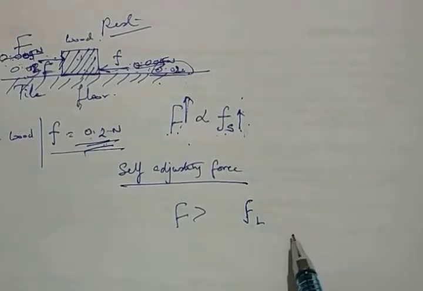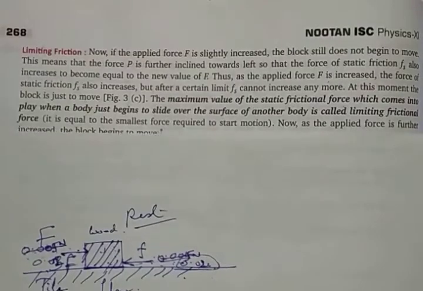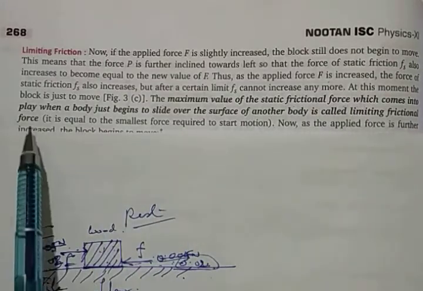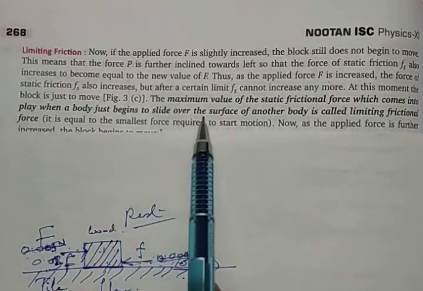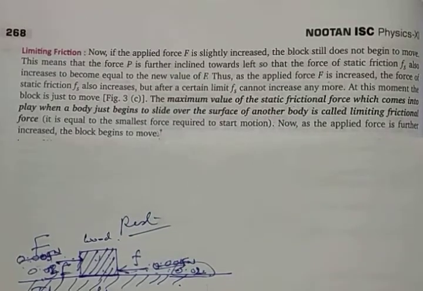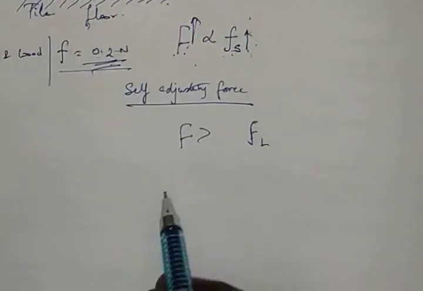When the body just starts sliding, FL. Again we'll read the definition. The maximum value of the static frictional force which comes into play when the body just begins to slide over the surface of another body is called limiting friction. Now limiting friction is definitely higher.